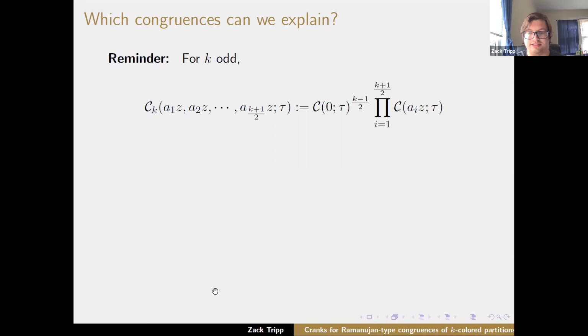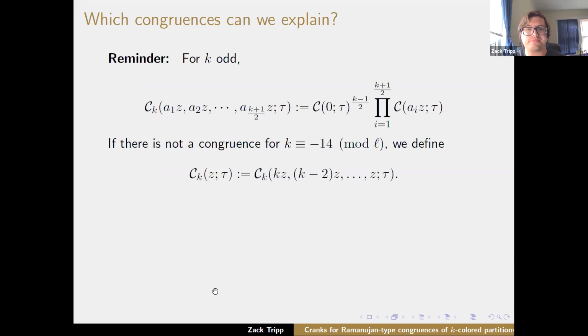Okay, just a reminder, here's the crank generating function we're interested in. Sorry, I didn't mention that I'm saying k odd, but for k even it's basically the same thing; I'm just writing k odd for simpler notation. What we want to ask is which congruences we can explain using this type of form.